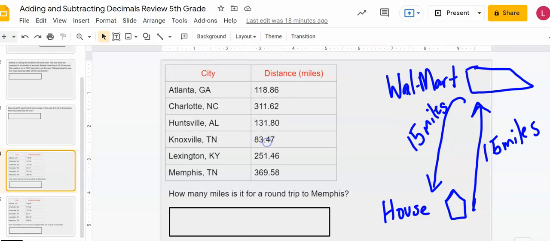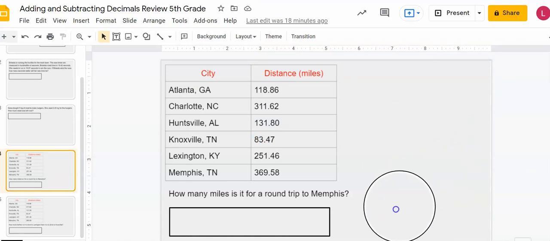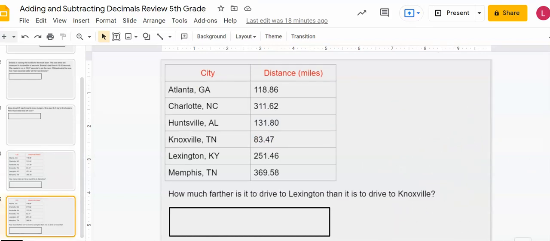So let's erase that. And let's look at the next one. The next one asks, how much further is it to drive to Lexington than it is to drive to Knoxville? So it's telling you the distance to each one.